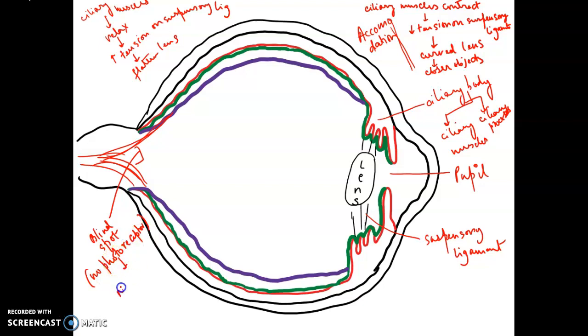Therefore, no image formation here. No image formation at this point. This is called the blind spot. Good. The blind spot is also called the optic disc, another term. Optic disc or blind spot, same thing.